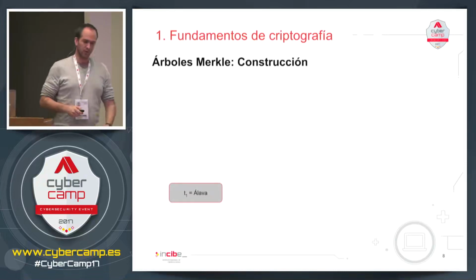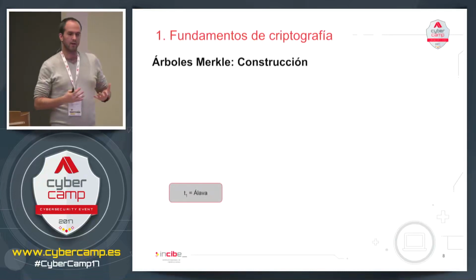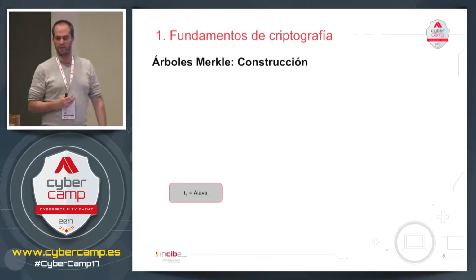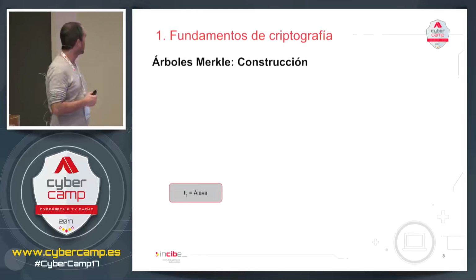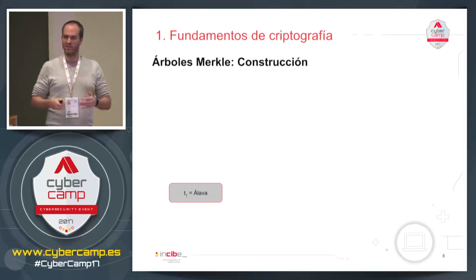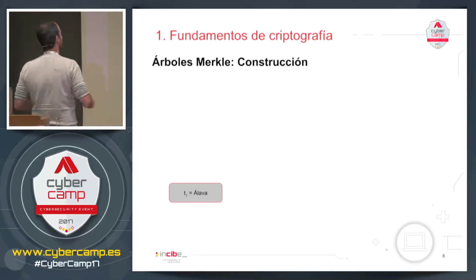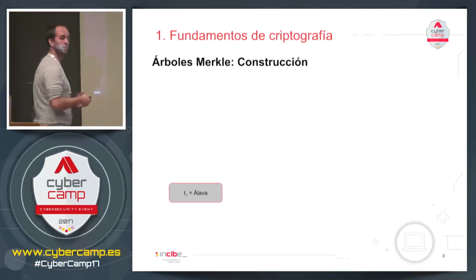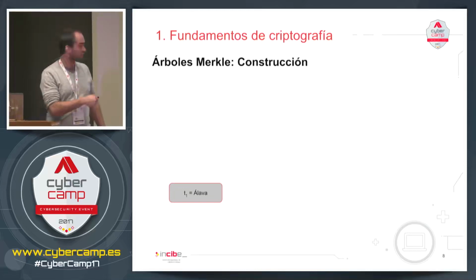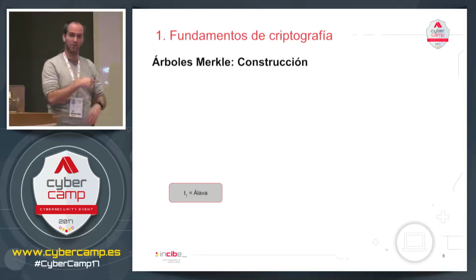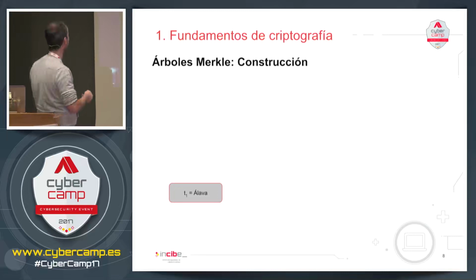Let's move on now. Let's just imagine that I want to create a Merkle tree in which I'm going to put the names of the cities of Spain. I'm going to put 4 names here. Just 4 for the moment. The first city is called Álava. I don't know if you can see it. Álava.